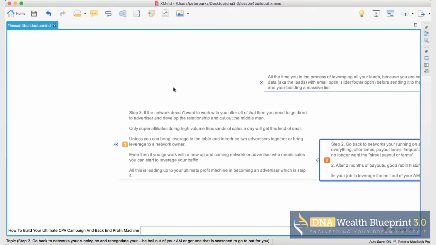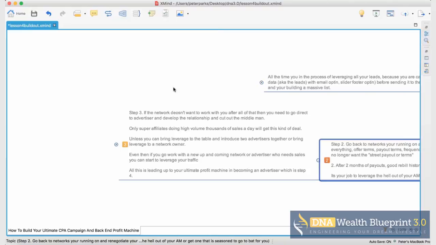Now, here's one of the caveats. If you go to the advertiser, there's a risk with just working with the advertiser that the pay terms may not be what you want. The network does have your back, so you are going to get paid. Depending on the network, you get paid every time.